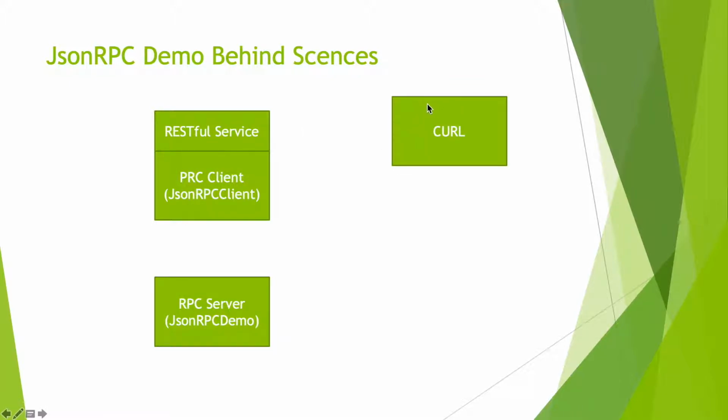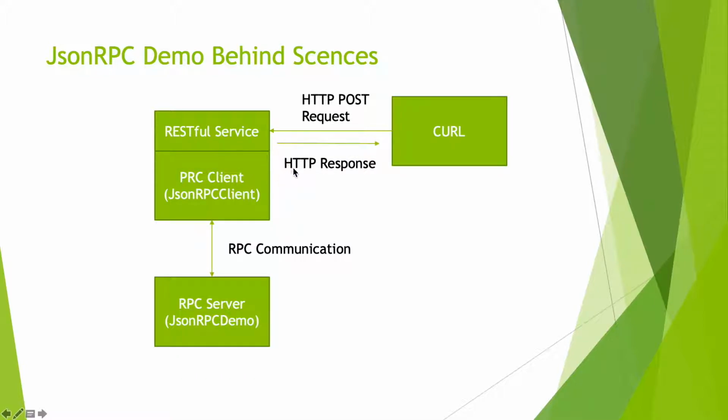We use the CURL command line tool to send out an HTTP POST request to this RESTful service. The RESTful service will call the RPC client to send out an RPC request against the RPC server. The RPC server will do the actual calculation and return the result back to the RPC client. Finally, the result will be sent back to CURL as an HTTP response.